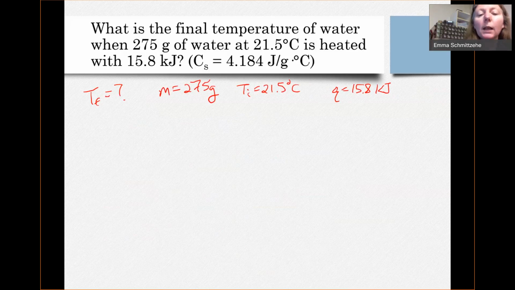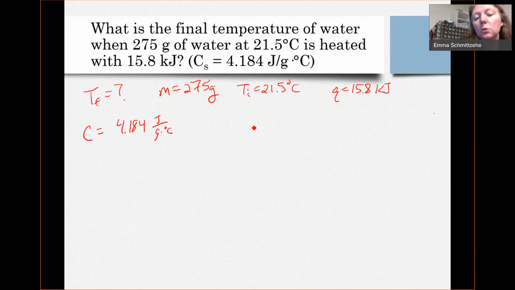And so we want to know the final temperature. We also have the heat capacity for water. Sorry, that's very sloppy. Rewrite that. So C equals 4.184 joules per gram degree C. And we want the TF.